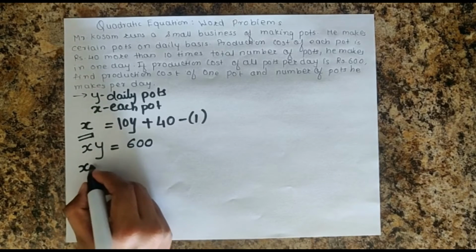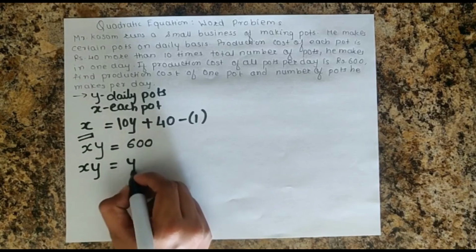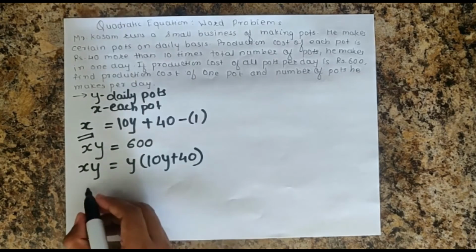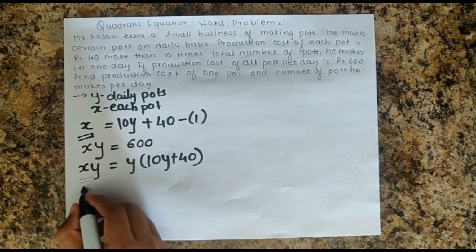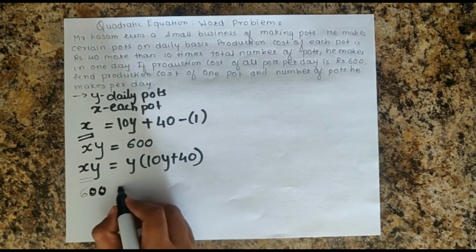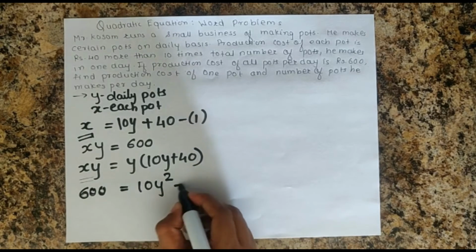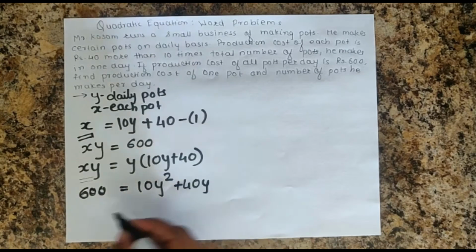So, let's multiply this equation. Equation 1 by y becomes xy, which is y multiplied by 10y plus 40. So, the value of xy we have is 600, which is equal to 10y square plus 40y.